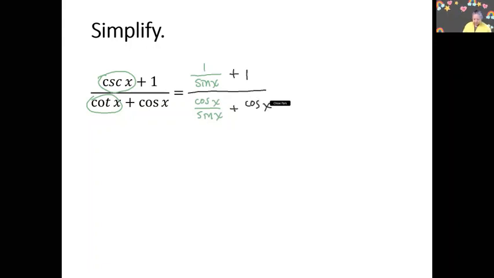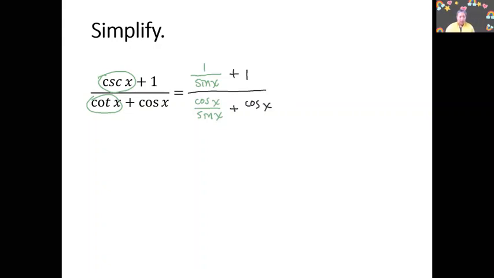So let's rewrite the recognized part here. So I will rewrite this, I will rewrite this. Then it's gonna be cosecant being 1 over sine x, and it's copied from 1, and all over, instead of cotangent, I can write cosine x over sine x, then it's plus cosine x.